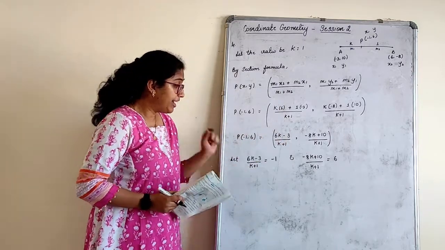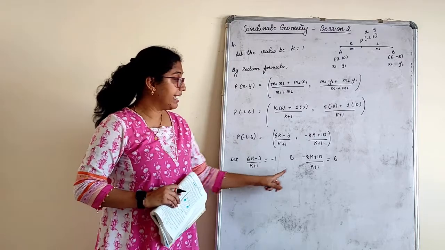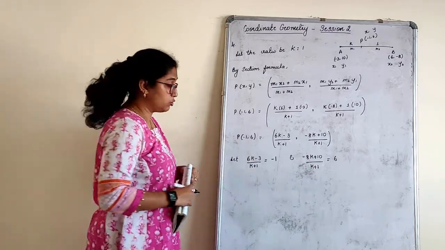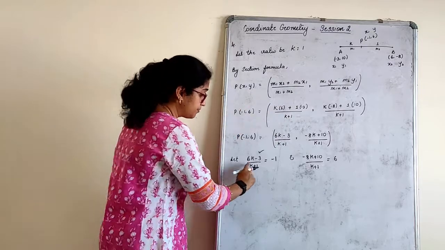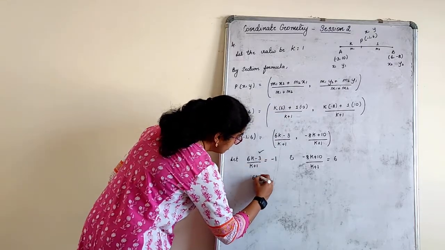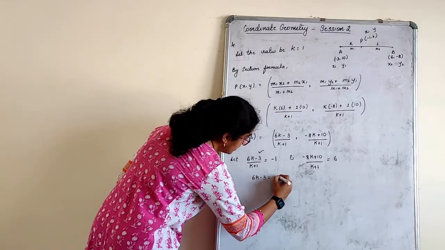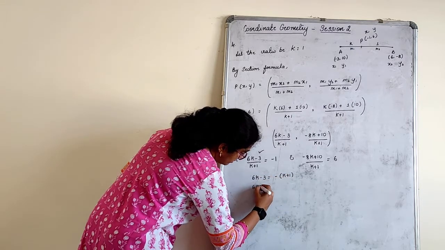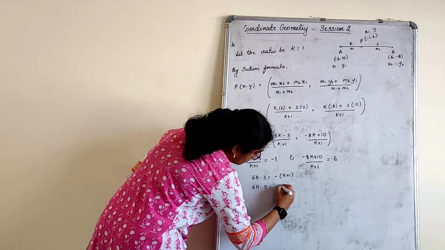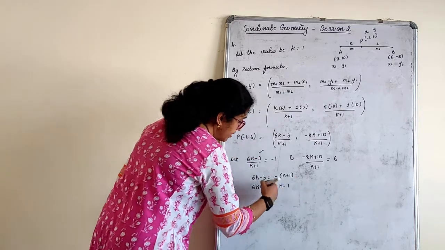Remember, for finding the value of k children, any one can be used for substitution. I'll use this. Answer will be same. You can check it out. How will we solve this? 6k minus 3 is equal to minus 1 times k plus 1. 6k minus 3 is equal to minus k minus 1.